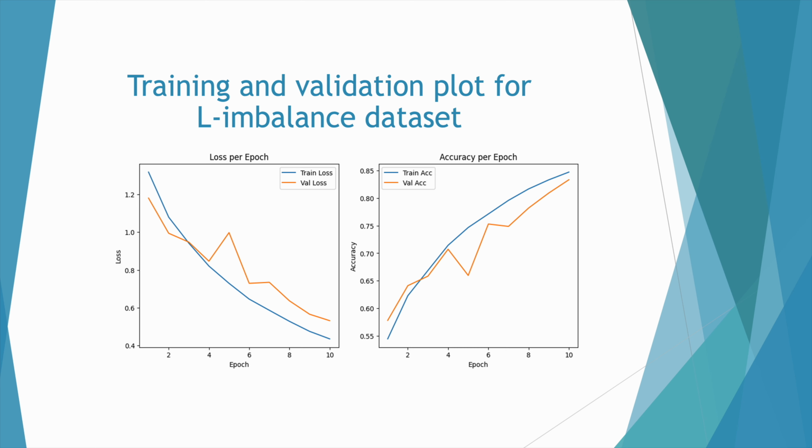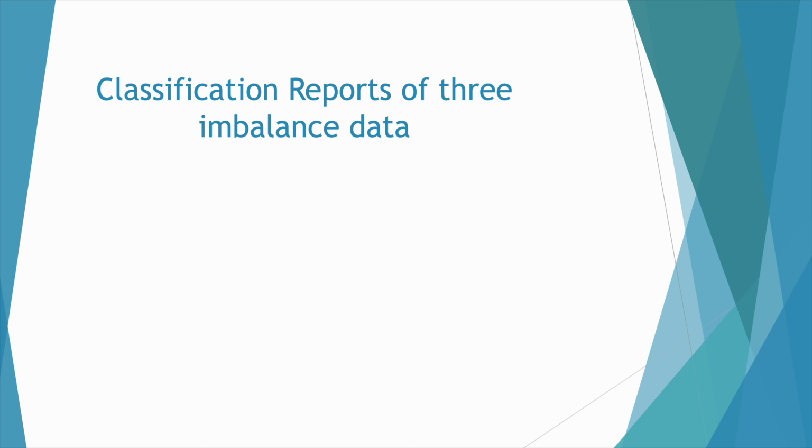On the right, we can see the accuracy curves, where both training and validation accuracy reached 80% by the end of the training, which seems good, but it is important to note that this overall accuracy is mainly driven by the majority classes. Because of the imbalance, the model learns to classify the common classes well, but tends to misclassify the rare ones. We can confirm this by looking at the per-class performance in the classification report.